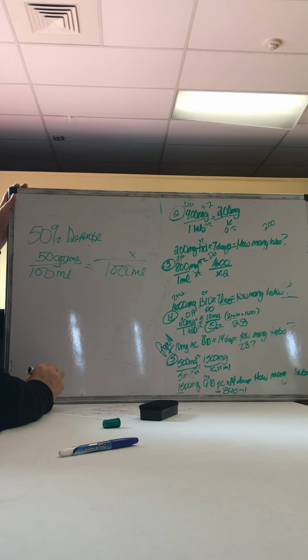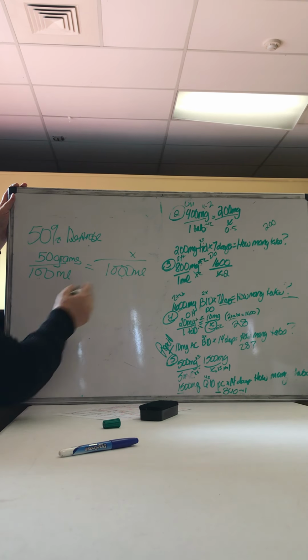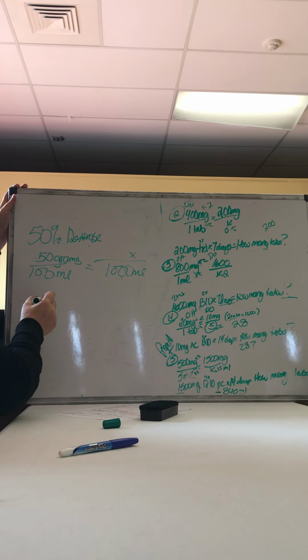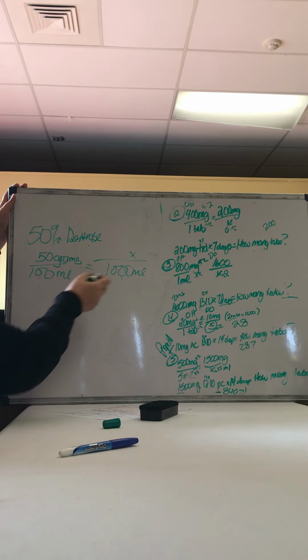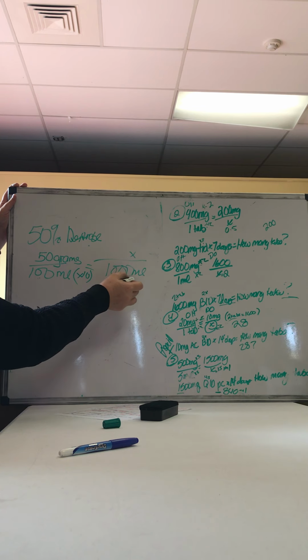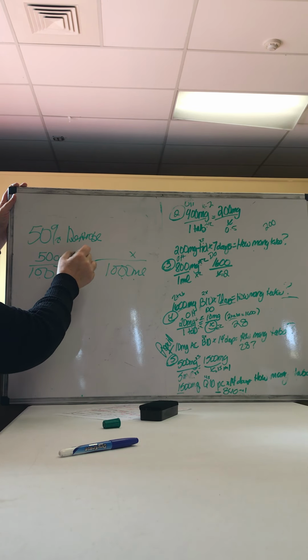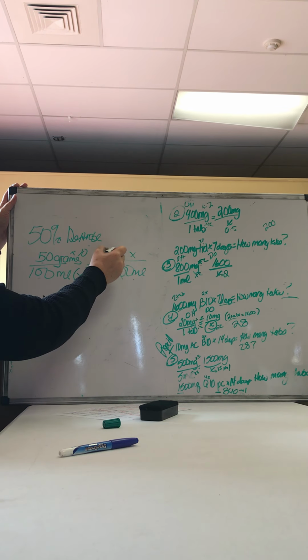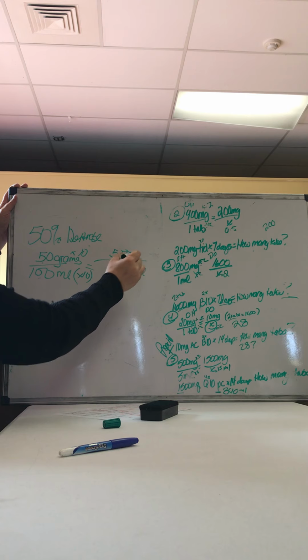The last one was times 4, but each problem is going to be different. If you got $100, how many hundreds you need to get to $1,000? 10. Sometimes you just got to put it in money. So you got to times that by 10, that gives you 1,000. So we also do the same to the top. So that's 50 times 10, which is 500 grams.